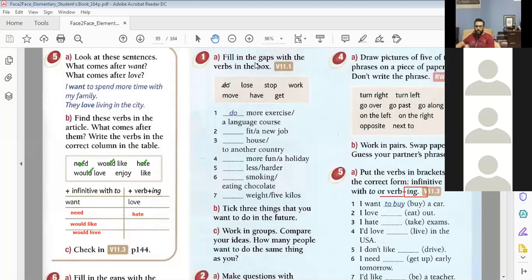Now, what about enjoy? Let's find enjoy. Who can find enjoy?